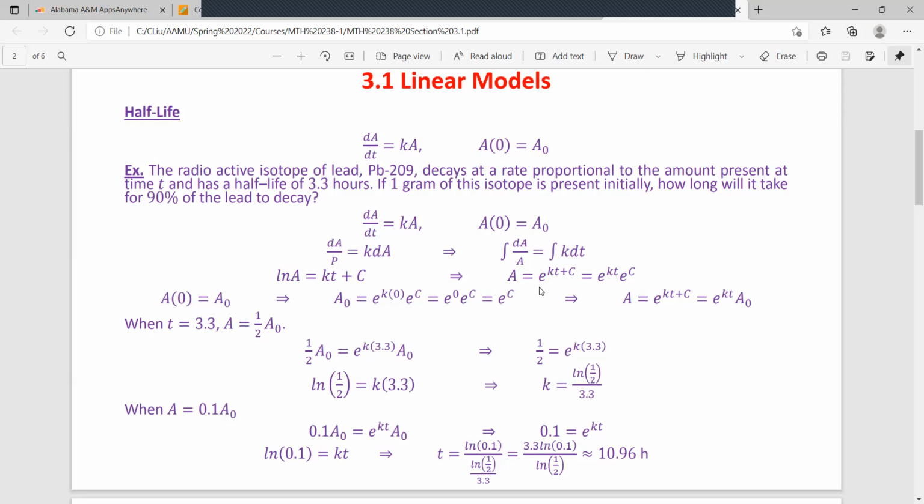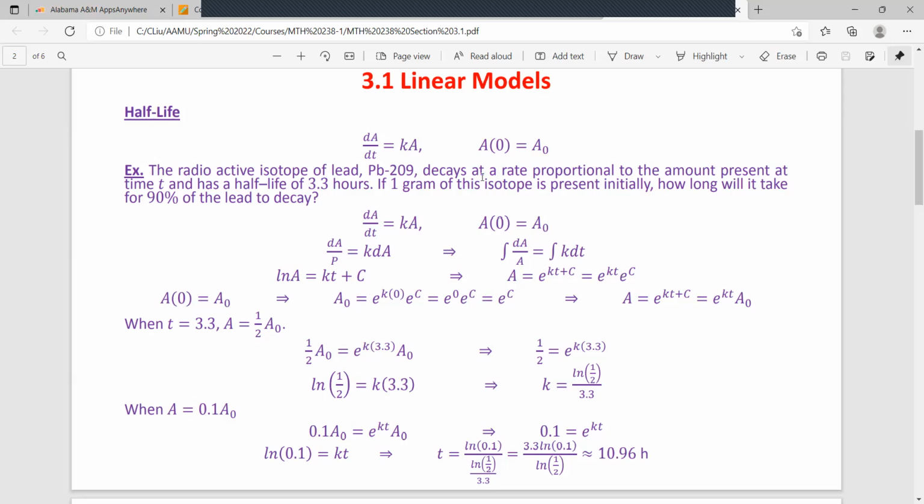If we take the exponential on both sides with base e, we get A equals e to the KT plus C, or e to the KT times e to the C. Remember, if you have a sum in the exponent, that's actually a product of two exponentials.